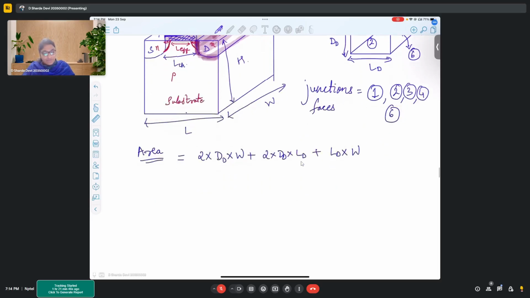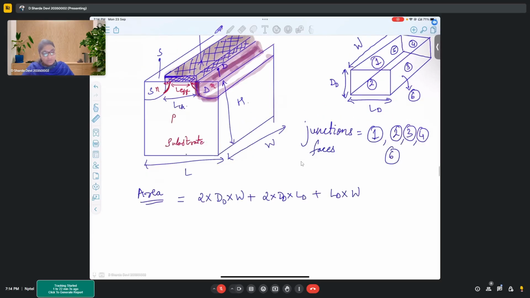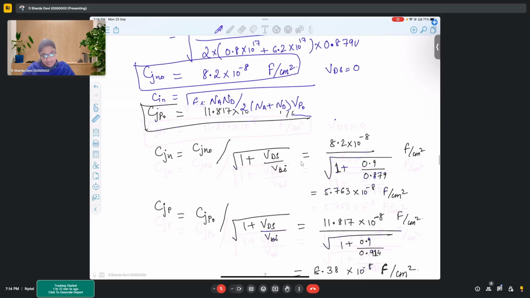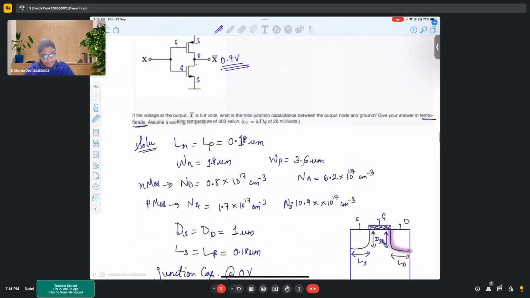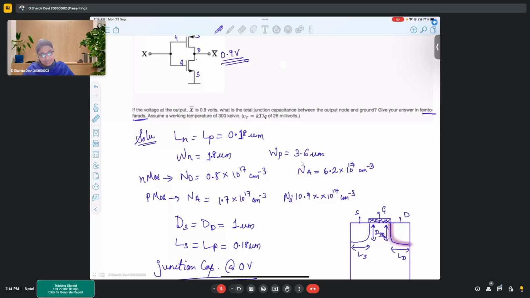So with this we know that these are the faces that will come, and this will come for both NMOS and PMOS. The only thing is we have to substitute the values and find the areas. We know in both the transistors, the only thing that changes is the WN and WP.